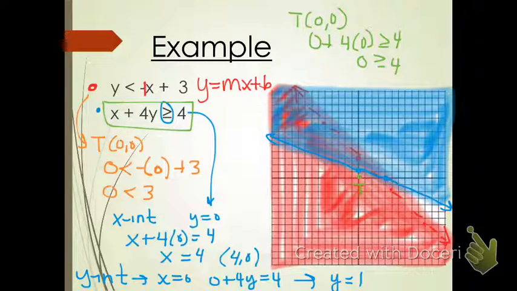And then our final answer is the place where the two inequalities overlap. So where we have red and blue make purple, that is everything inside of this little, almost not quite triangular type shape, over here.